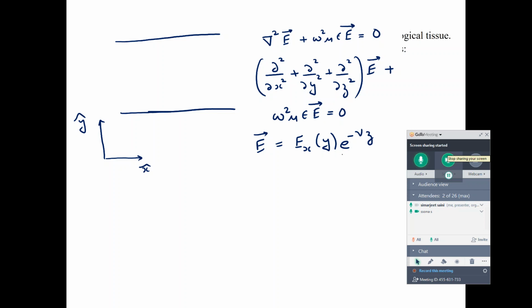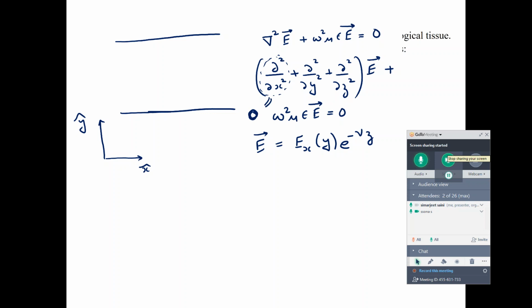So from this function, it is very clear that this term over here is not going to exist. When I take the derivative of the electric field with x, there's no variation happening in x. So this term is going to be 0. There is not going to be any variation in the x direction, since these conductors are infinite.